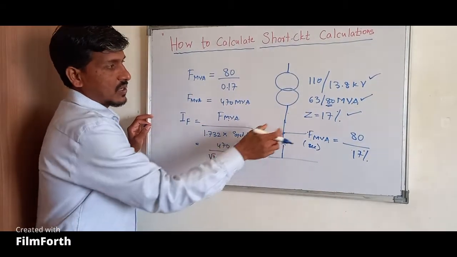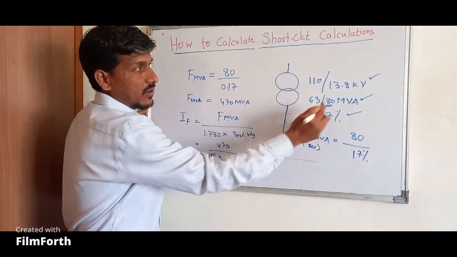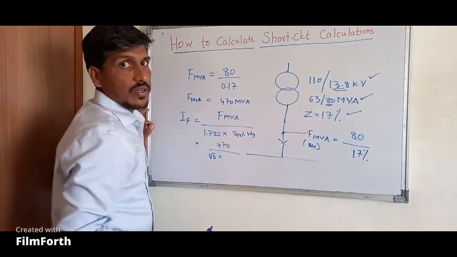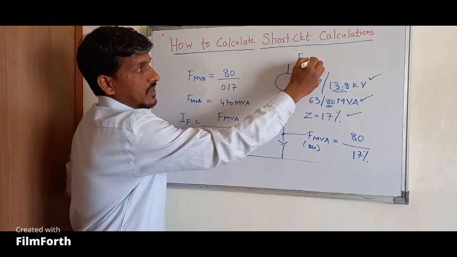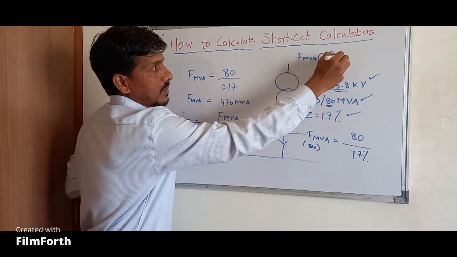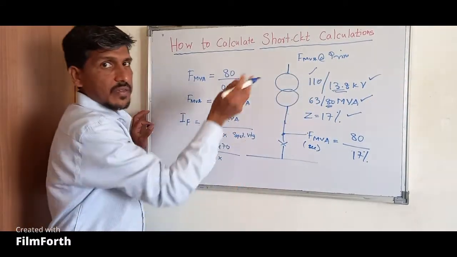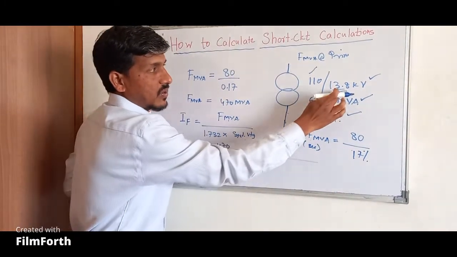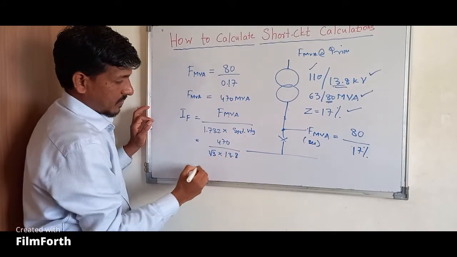Since you are finding the short circuit current or fault current at the secondary side, you have to consider the secondary system voltage. If you are finding the fault current at the primary side, then you take the system voltage as 110 kV. Now it is the secondary side, that's why we are considering the secondary voltage, that is 13.8 kV.